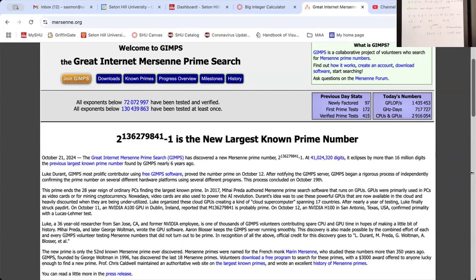Last October, a computer search turned up 2 to the 136,279,841 minus 1. This number is 41 million digits long. And we're not done yet.